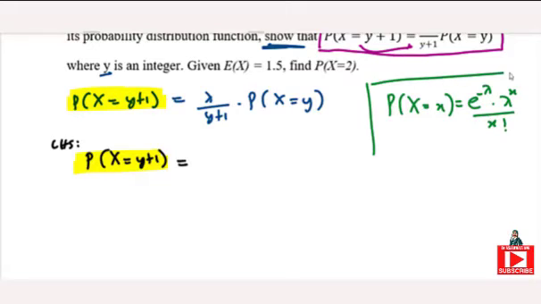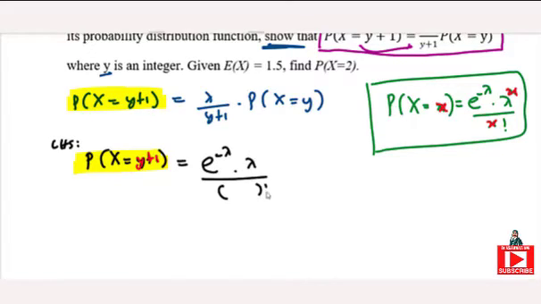We try to follow this formula for Poisson distribution. Okay, so consider this one y plus 1 is equal to x, substitute e power negative lambda, lambda power x over x factorial. So x now is y plus 1.